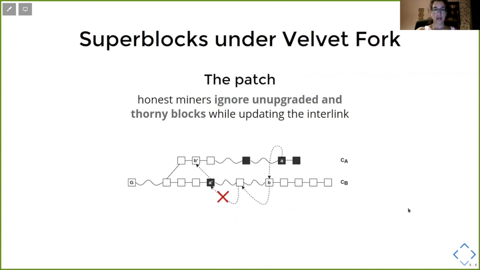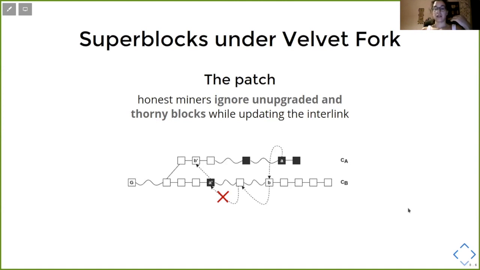Now, we suggest a patch for the Velvet protocol. We concluded that the best thing we can do is to actually cut the way for the attacker to perform these jumps from one chain to another. So what we say is that we have to slightly alter the miner's algorithm while constructing a new block.